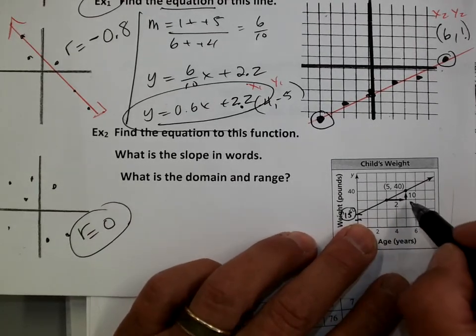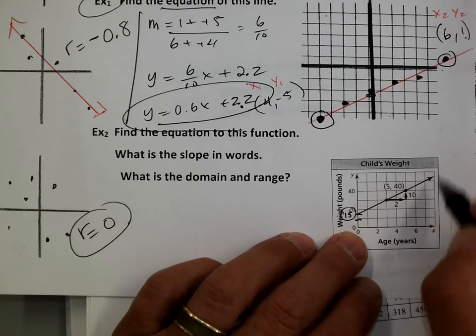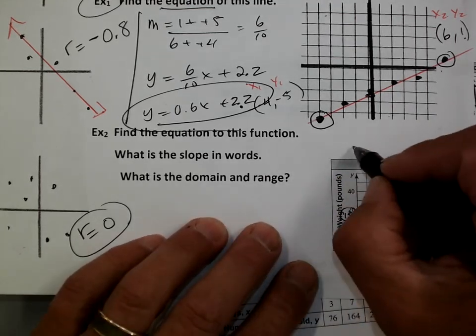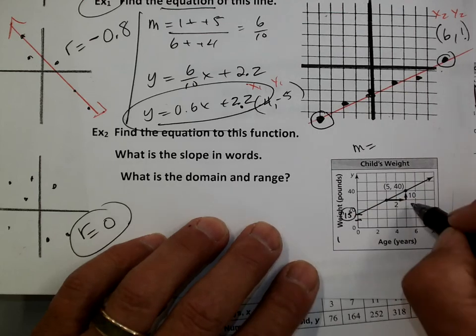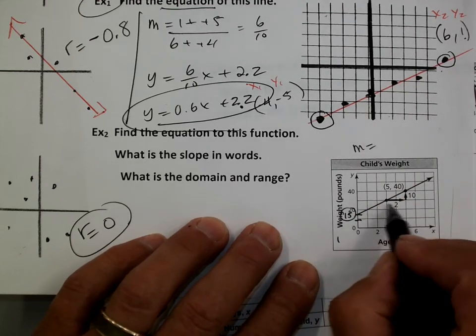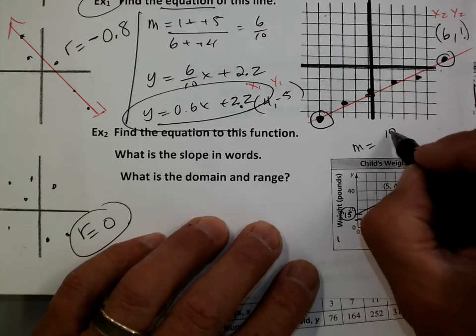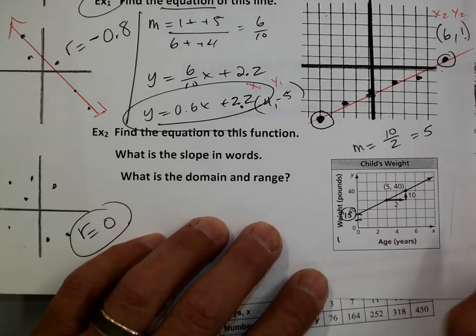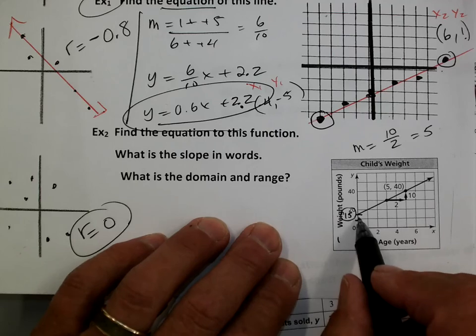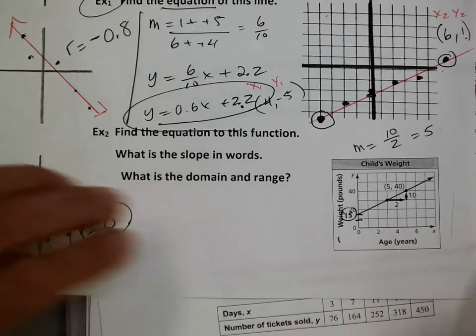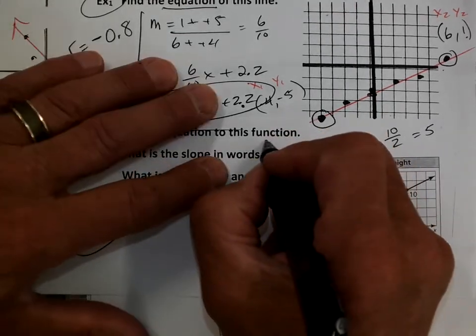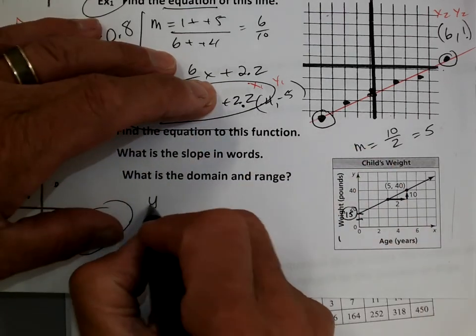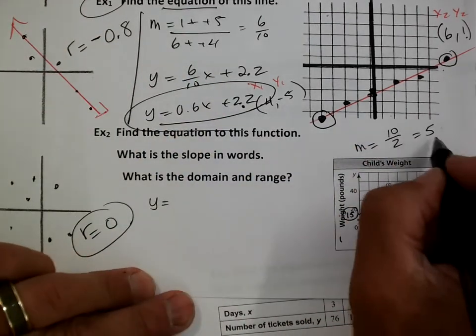So, it seems like it rises 10, rise of 10, run of 2. So my slope is 5. My y-intercept is 15. So the equation I'm going to use is y equals 5x plus 15.